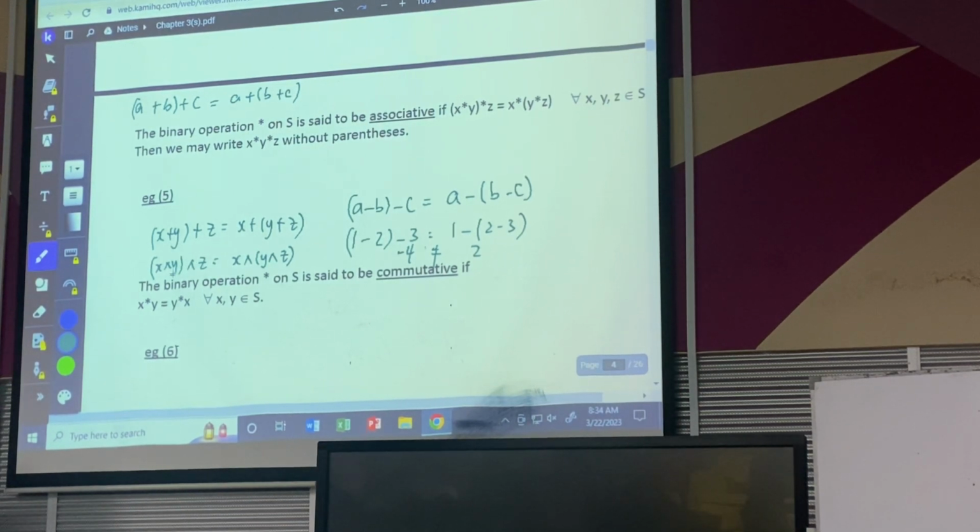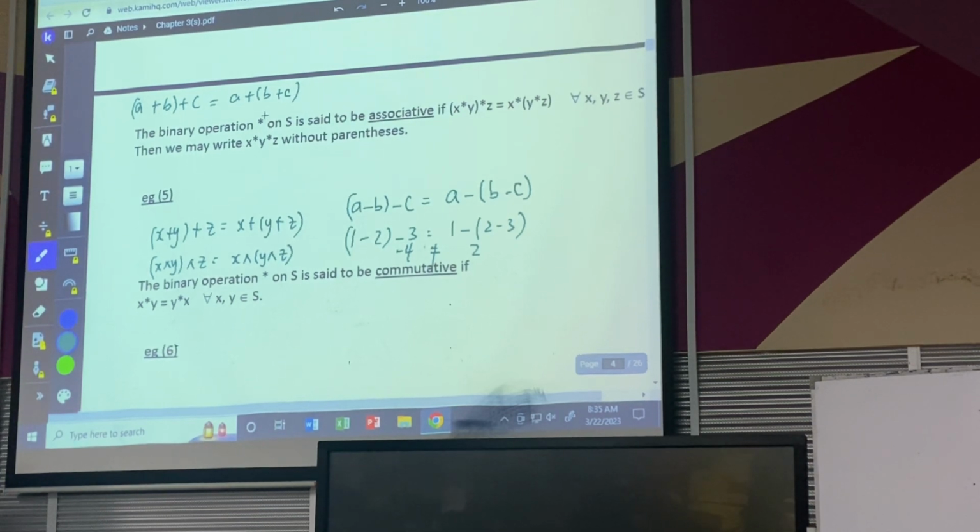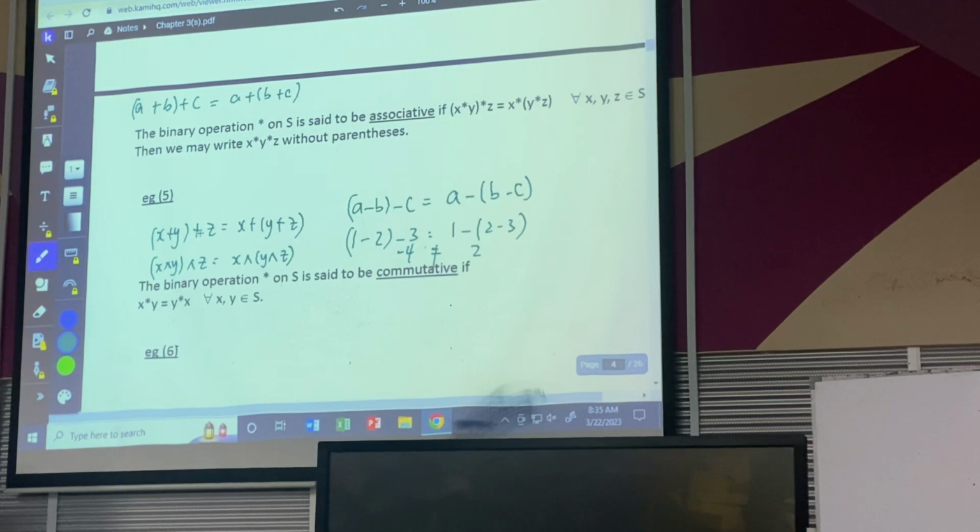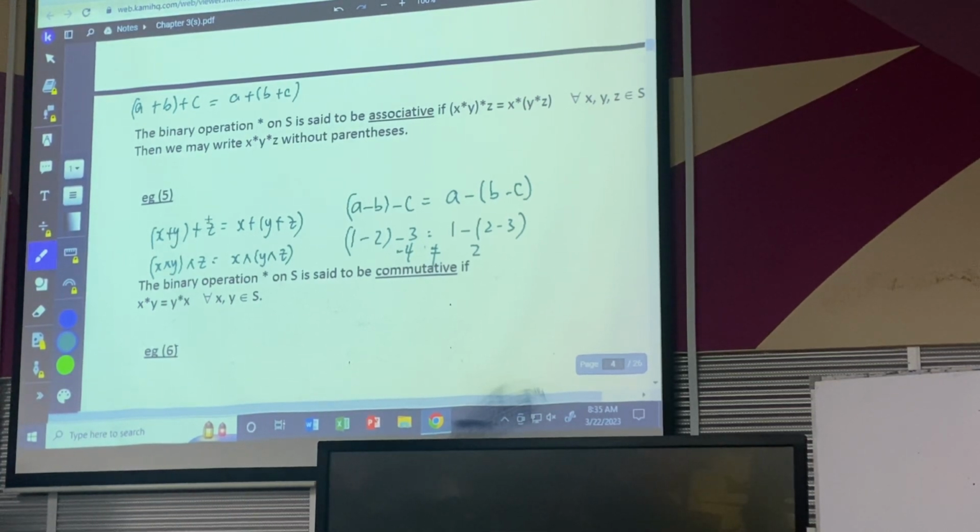So for AND, it is also associative. Same also for OR, and then multiply. So all these are examples of associative. Now remember, if you want to show that something is associative, you need to prove it like this, using the general form and representing your x, y, z by the set given. If the set given to you is the integers, then you need to say for all x, y, z belonging to the integers, this (x plus y) plus z is equal to this. That is how we show that it is associative.